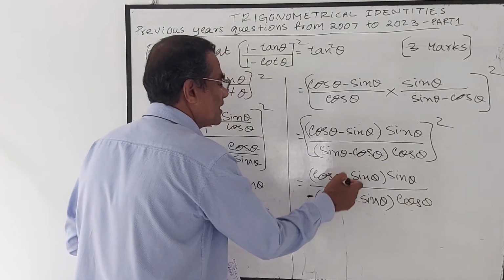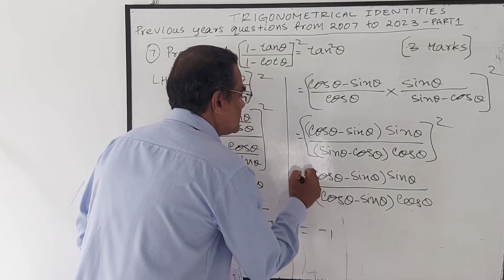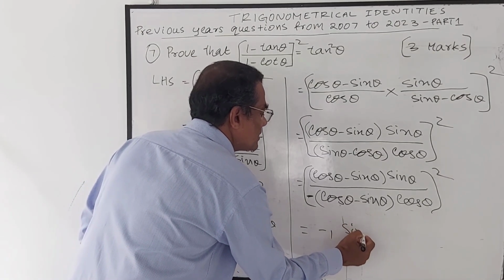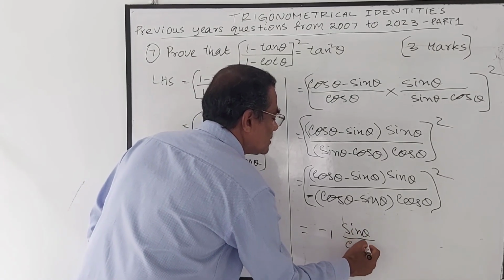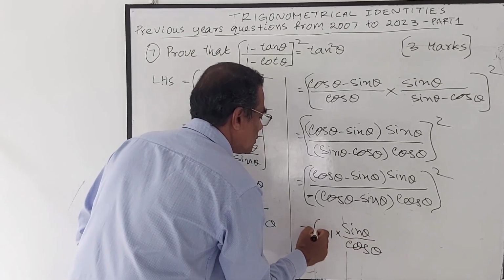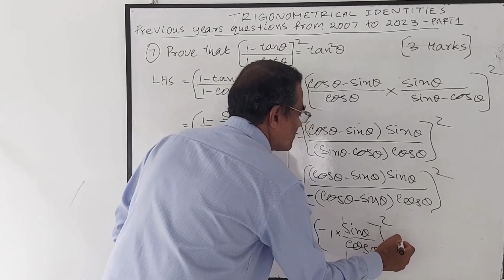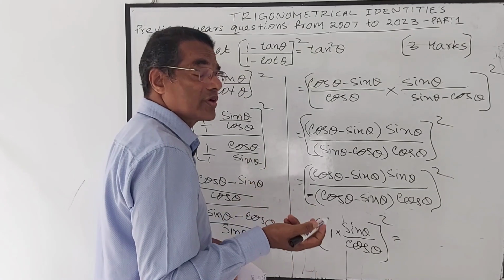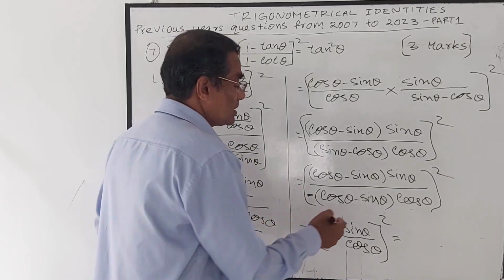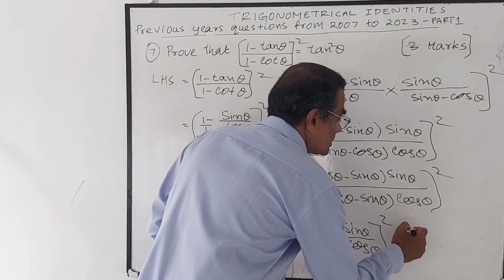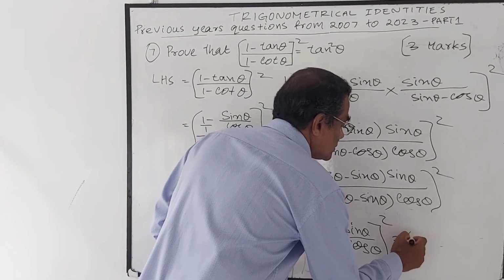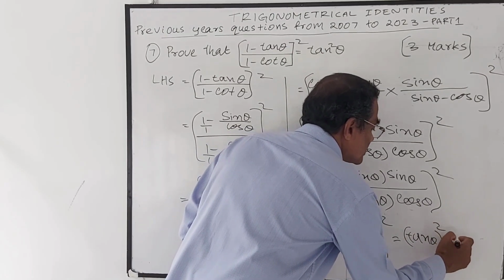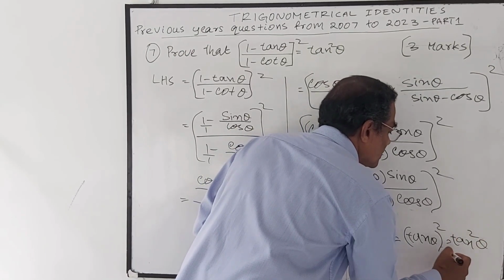So dividing this we will get minus 1, and here there is a sin theta and the cos theta in the denominator, whole square. That means minus 1 square and sin theta by cos theta whole square. Minus 1 square is 1 only. Sin theta by cos theta whole square equal to tan theta whole square equal to tan square theta equal to RHS.